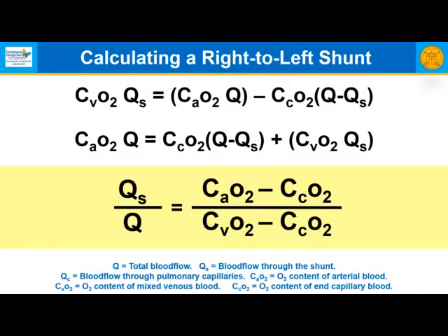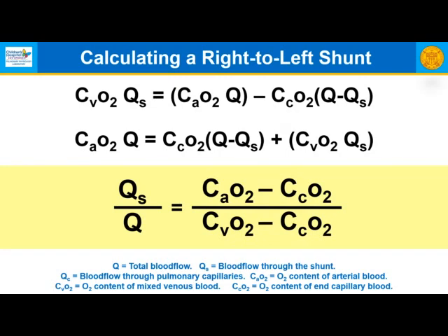And again, as shown here, and I'm not going to go through the algebra with you, but basically we end up with this equation, that the arterial minus capillary O2 content, so that's really the part that is basically being ventilated, divided by the total amount of oxygen, which is the mixed venous O2 minus capillary O2.